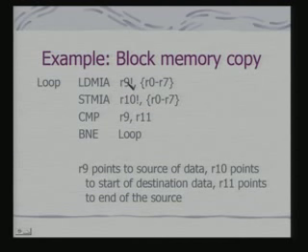So, these are two distinct values. So, I can actually do a block memory copy using just two instructions. In fact, here I am checking whether my R9, that is the end of the source, whether I have actually reached the end of the source, and if it is not, again I am going back and I am actually doing the loop.